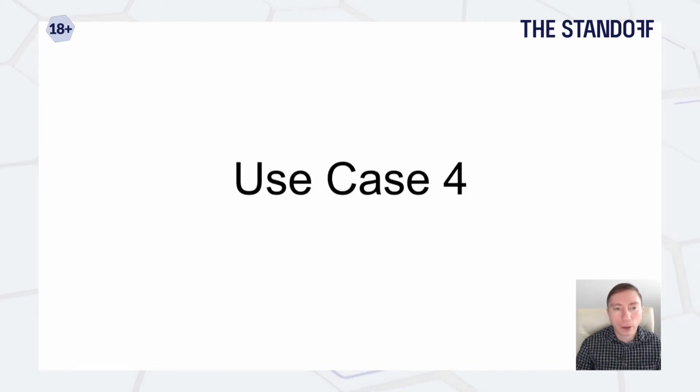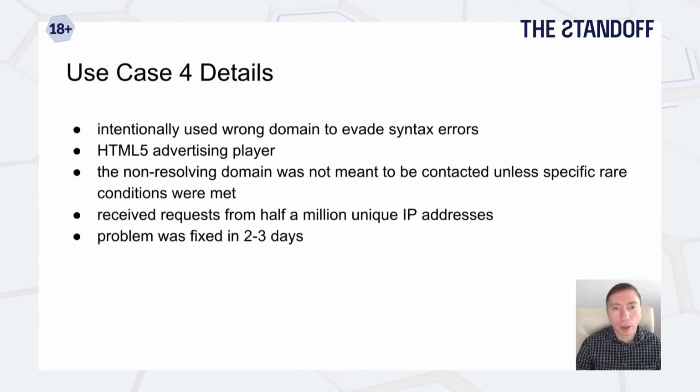The fourth use case is also about an intentionally used wrong domain, and we assume that it was in order to evade some possible syntax errors. It was about an HTML5 advertising player.